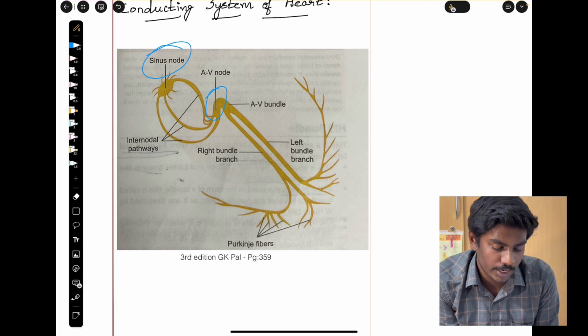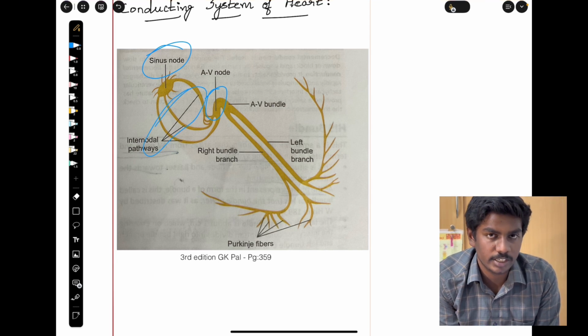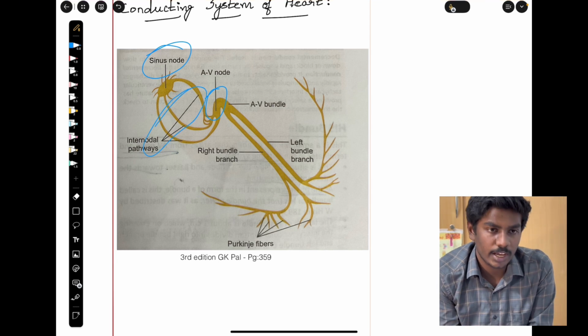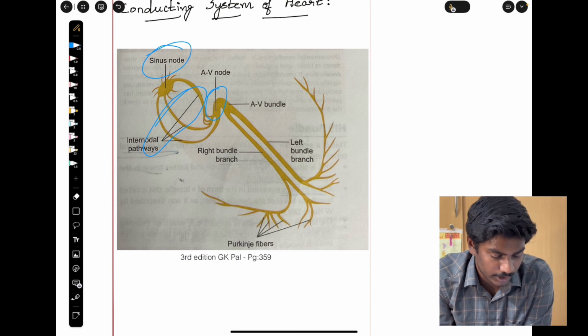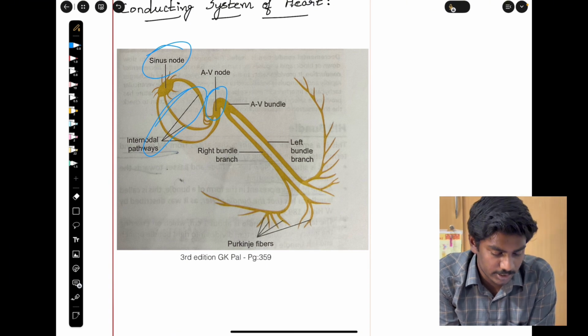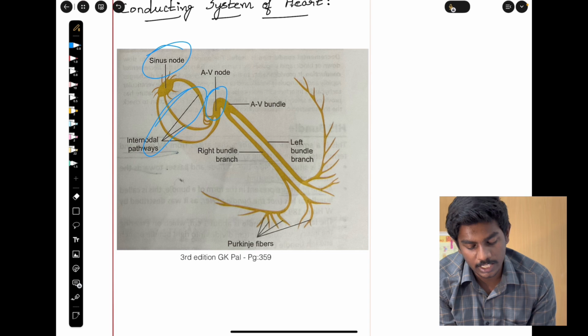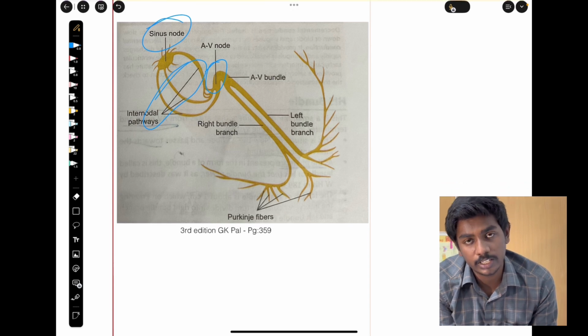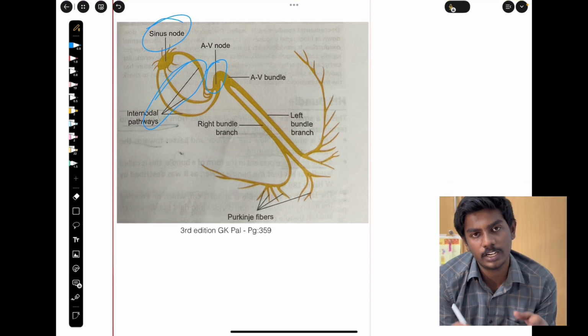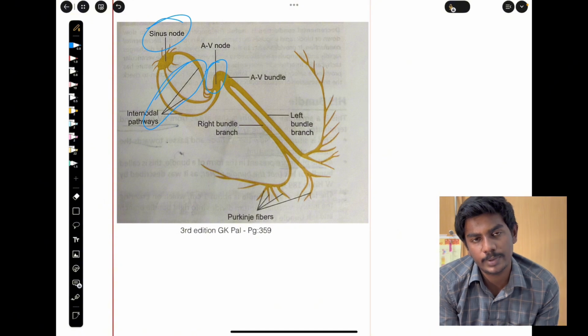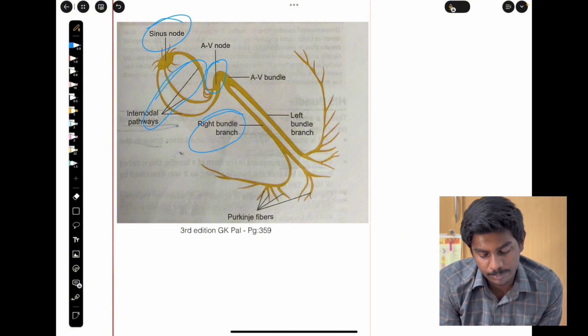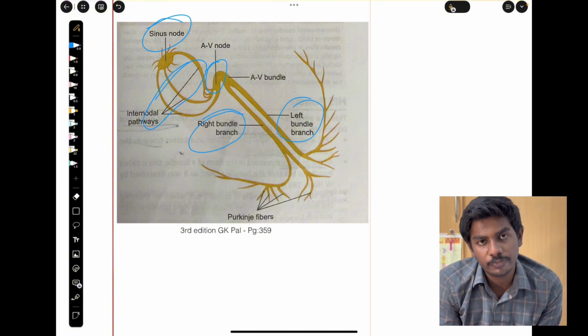It reaches through internodal pathways. The anterior is the tract of Bachmann, the middle is the tract of Wenckebach, and the posterior is the tract of Thorel. It reaches the AV node. Through the AV node, the impulse goes to the bundle of His. The bundle divides into bundle branches, which are further divided as right bundle branch and left bundle branch. And finally, the impulse is transmitted as Purkinje fibers.